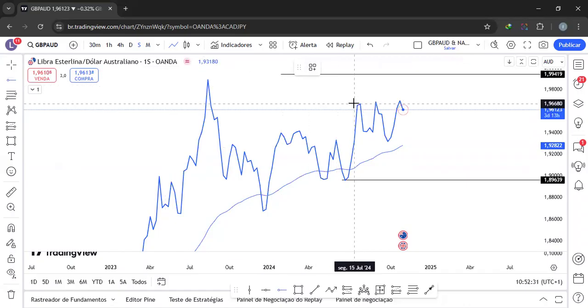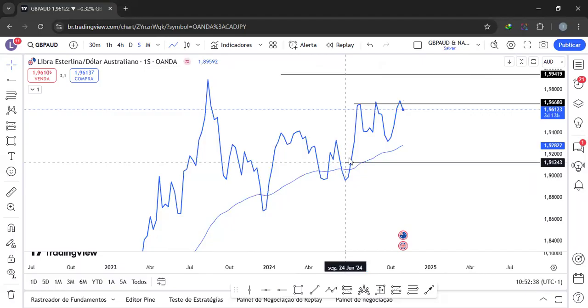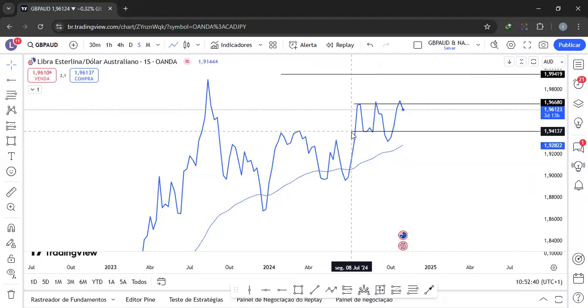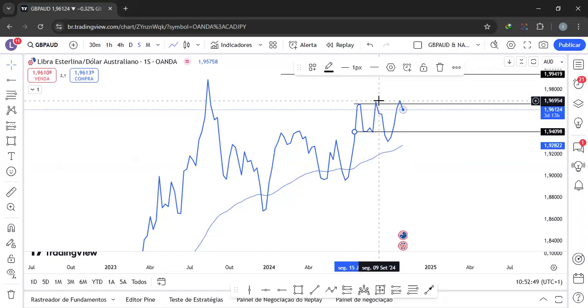After reaching this area, 1.96, the market moved down until this point, making a new higher low, and the market broke up.